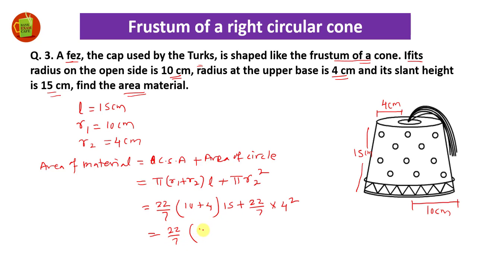So 10 plus 4, 14, into 15 plus 4 square, that is 16, which is equal to 22 by 7 into 14 into 15, that will be 210, plus 16, and if you solve this further, you will get it as 710.28 square centimeter, and therefore the material used in making this cap will be 710.28 square centimeter.